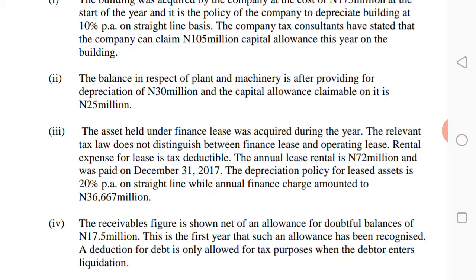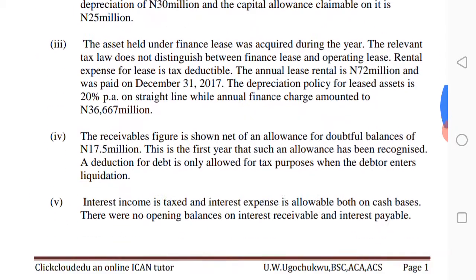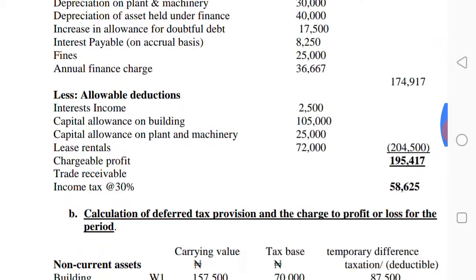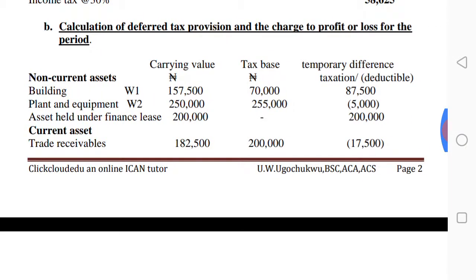So when you add back 182,500,000 with 17,500,000, we have 200 million naira. So the tax base is 200 million, while the carrying amount is 182,500,000. So the difference is 17,500,000. This difference also leads to a deferred tax asset, which is a deductible temporary difference.